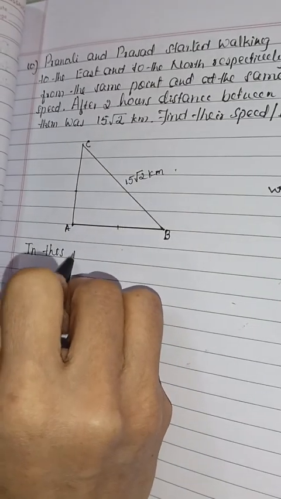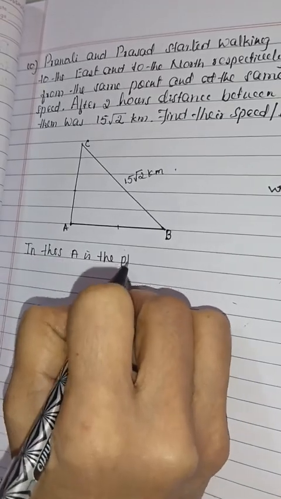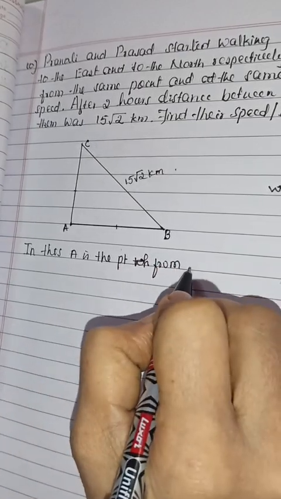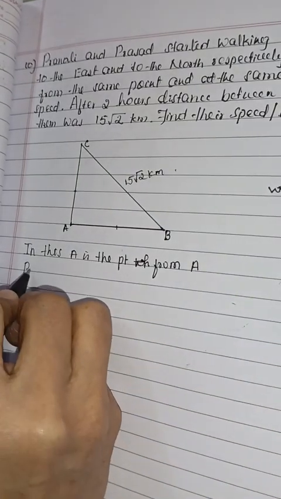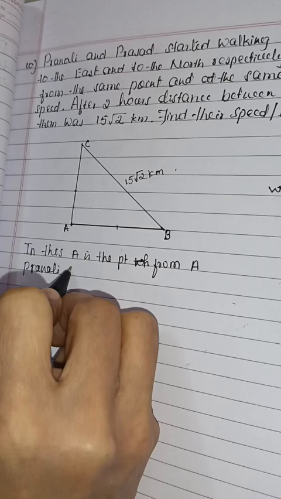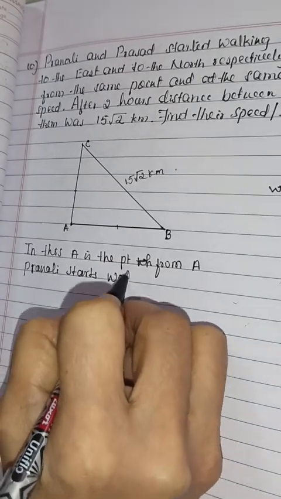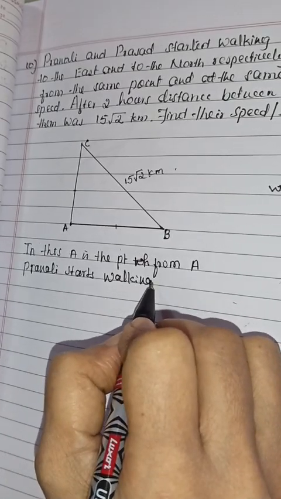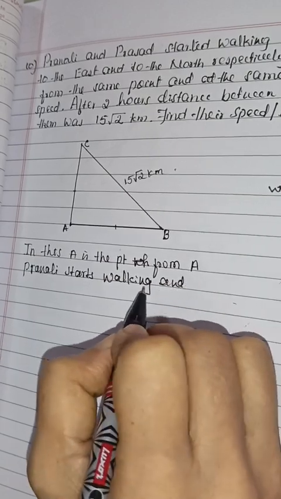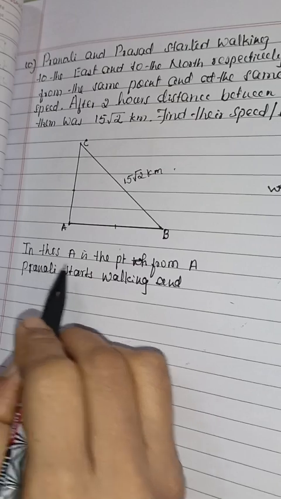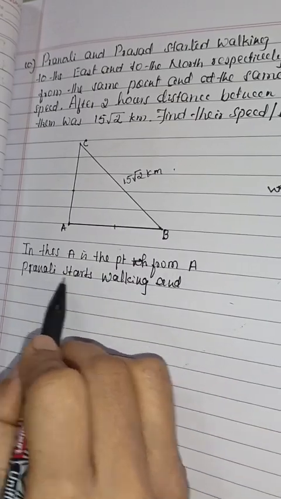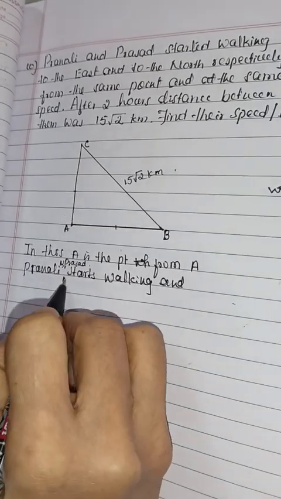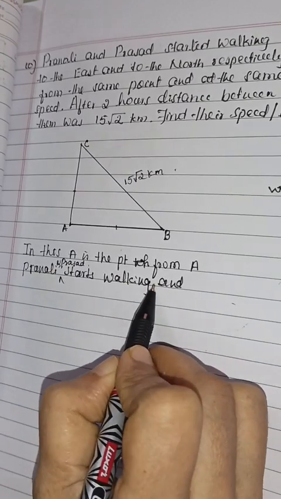A is the point from A, Pranali and Prasad start walking.